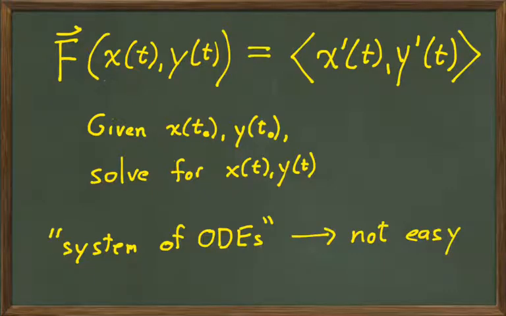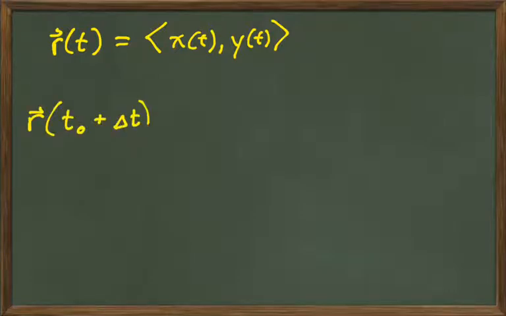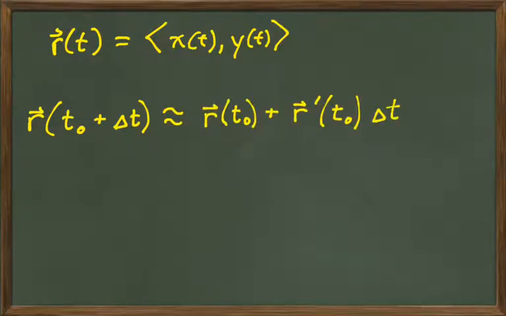That's the bad news. The good news, though, comes when we think about our position as being a vector valued function. Then we've got a theory for approximating values of these. If we know the value of our function, our position at a time t naught, then a little bit later, say t naught plus delta t, we know our position is approximately that position plus the derivative at that time times delta t.